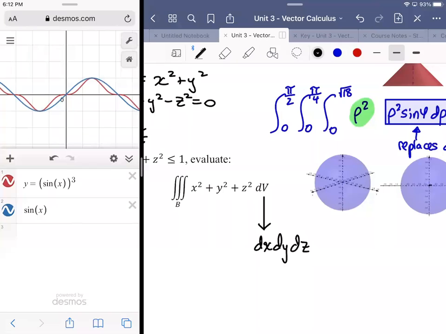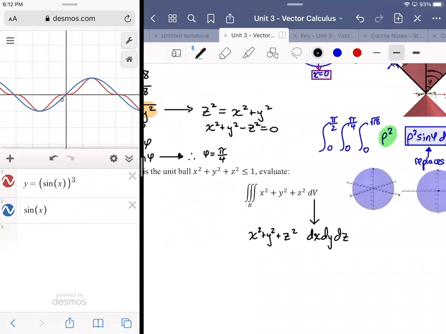We would have our x squared plus y squared plus z squared over some appropriate bounds particular to x, y, and z, which is why we just leave it B for bounds. We're going to have some particular bounds associated with that triple integral.